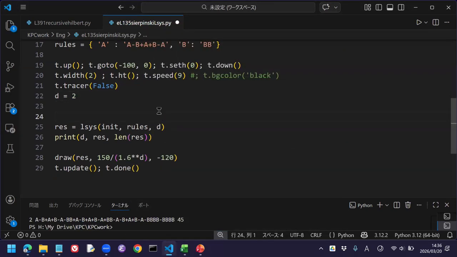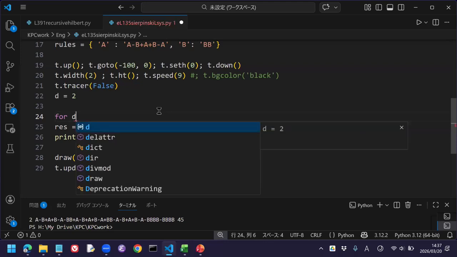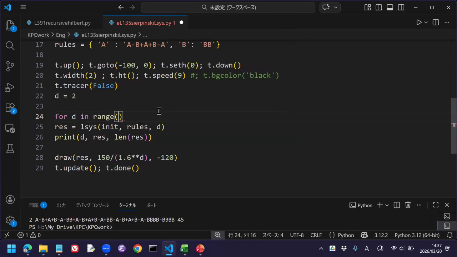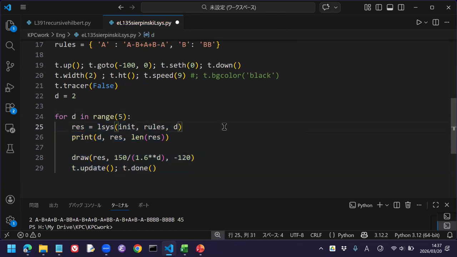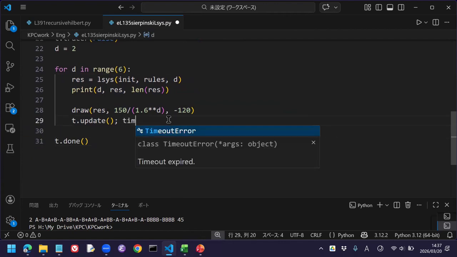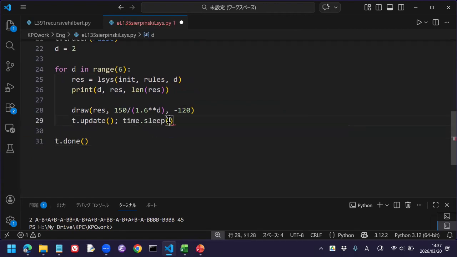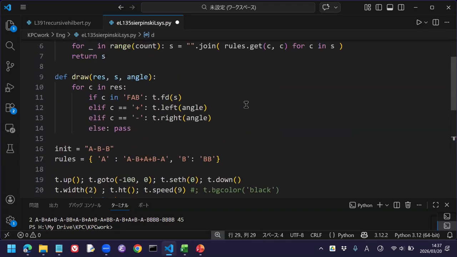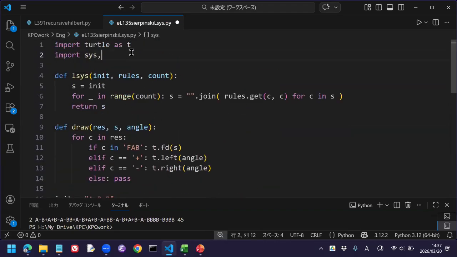From here, maybe we can try d in range 5, doing everything one by one, increasing d up to, say, 5 or 6. As we did here, we use time.sleep 1 second, and be sure to include time.